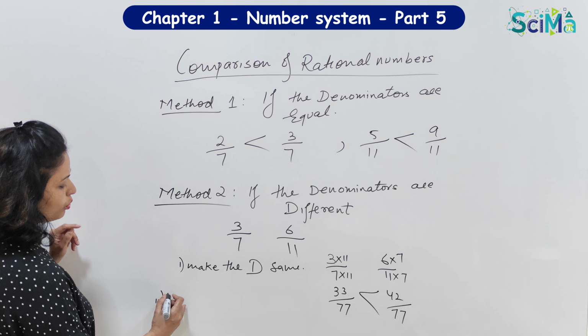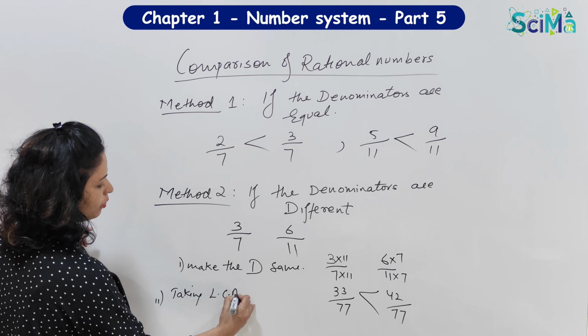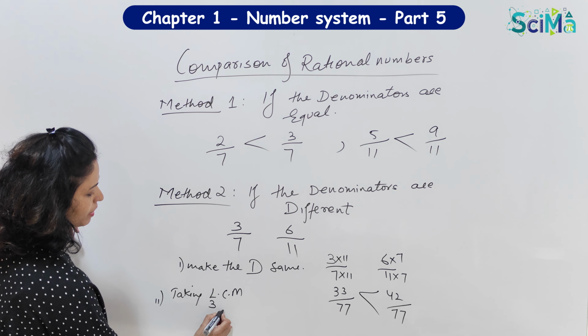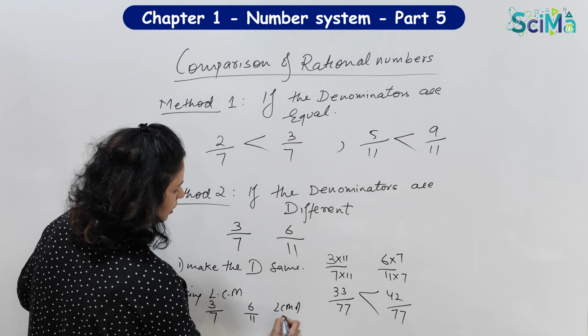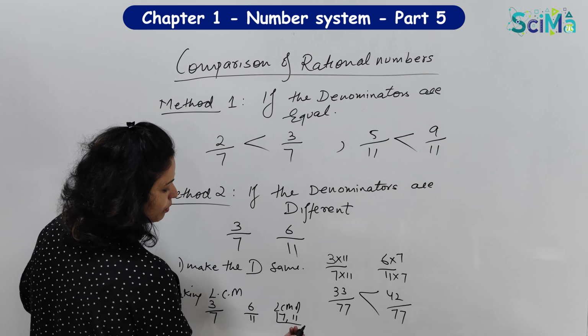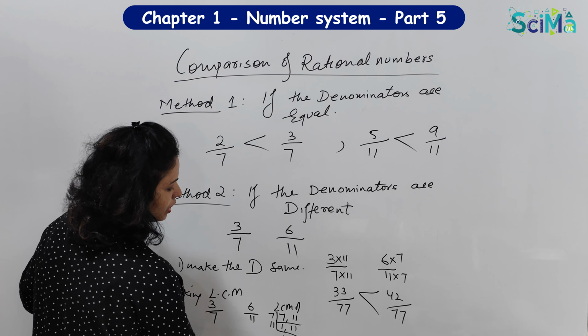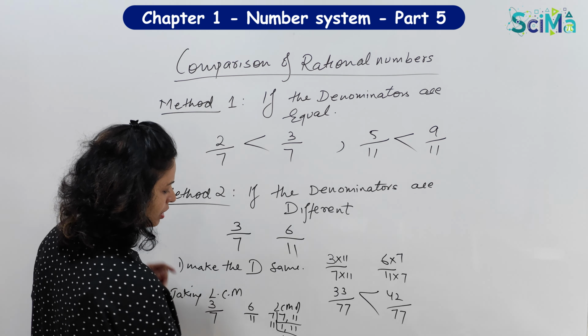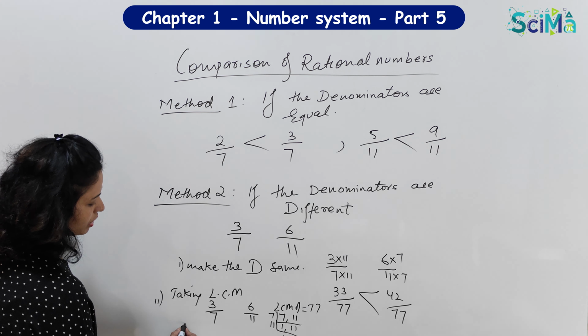The second method you can also use is taking the LCM. Same question: 3 by 7 and 6 by 11. You should take the LCM of 7 and 11. I hope you know how to find LCM, children. The LCM of 7 and 11 will be 77 only.